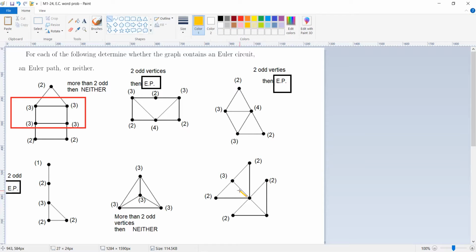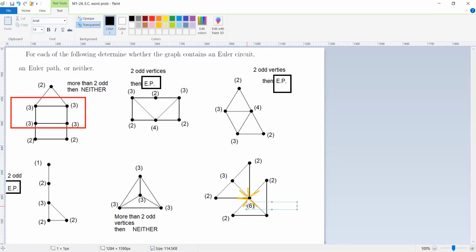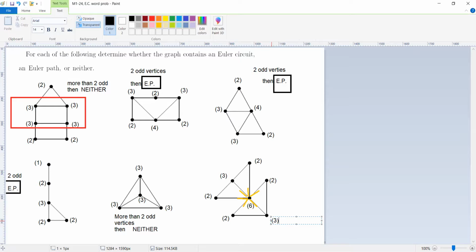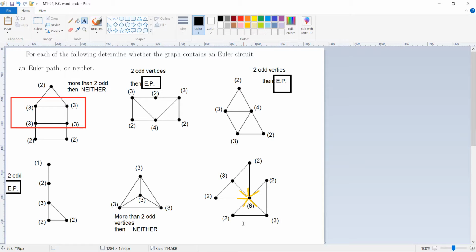So there's 1 connection, 2 connections. This is going to be 3. That's 4. And 5. And 6. And the last one here is degree 3. Okay, looking at all the degrees, there's 2 odd, which means it could find an Euler path.